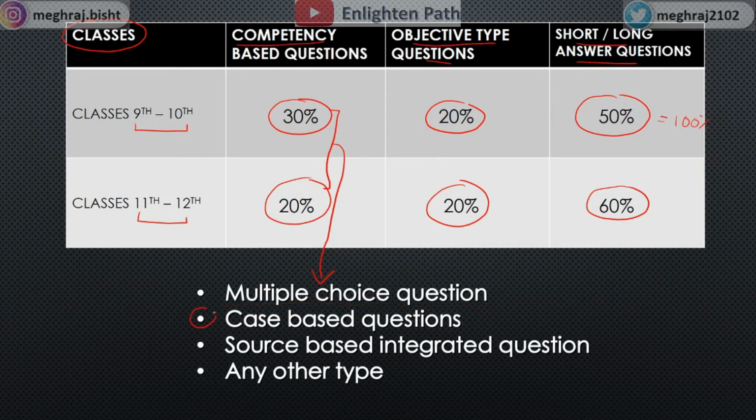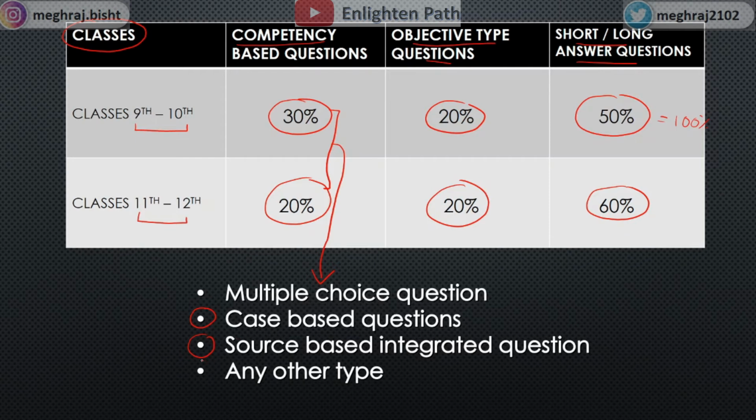Now second is case based question, with which generally commerce students are very familiar, because in business studies students are already dealing with these types of case study questions. Then the third is source based integrated question. In social science subject, source based question was seen in the previous year sample paper also by CBSE.